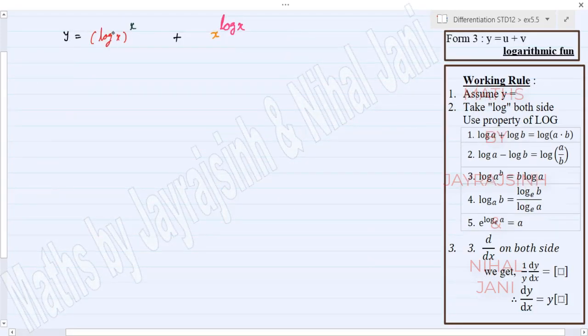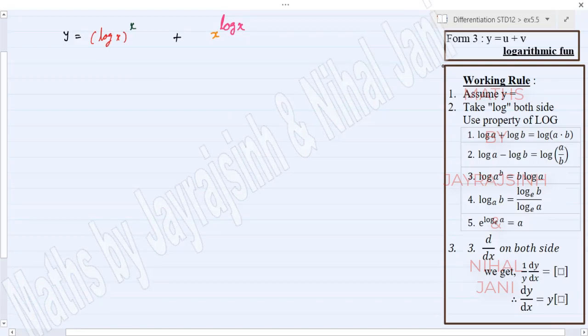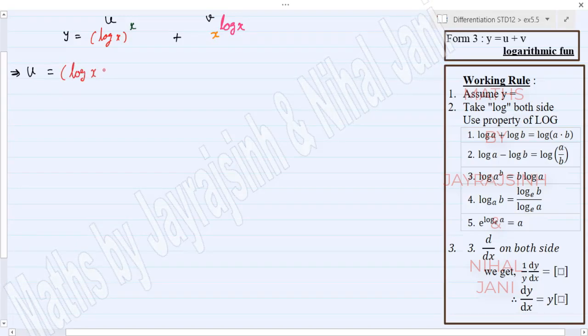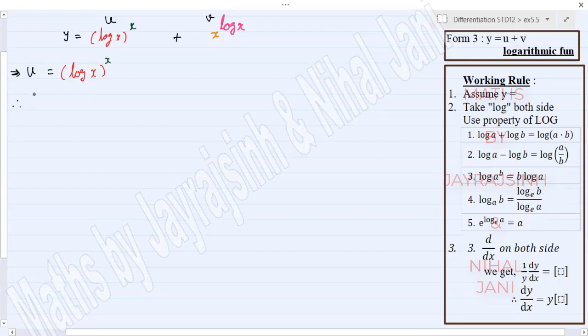y is equal to log x raised to x plus x raised to log x, which is in the third form. So the first term is considered as u and the second term should be considered as v. So initially let's try to get differentiation of u. Let's take log both the sides.